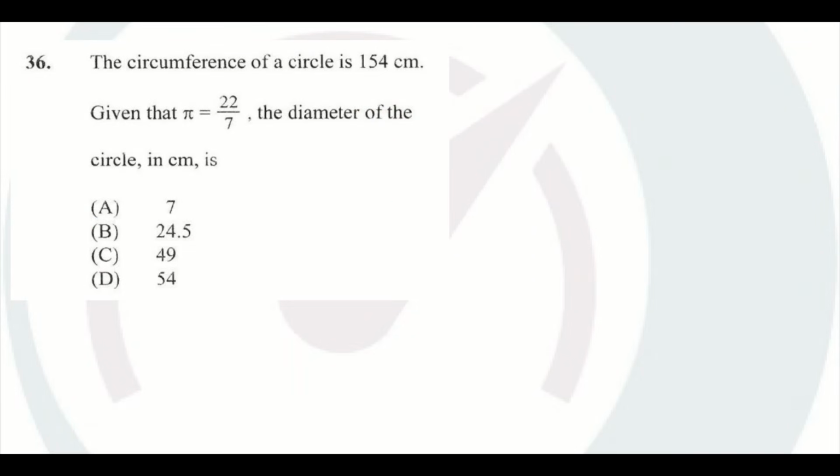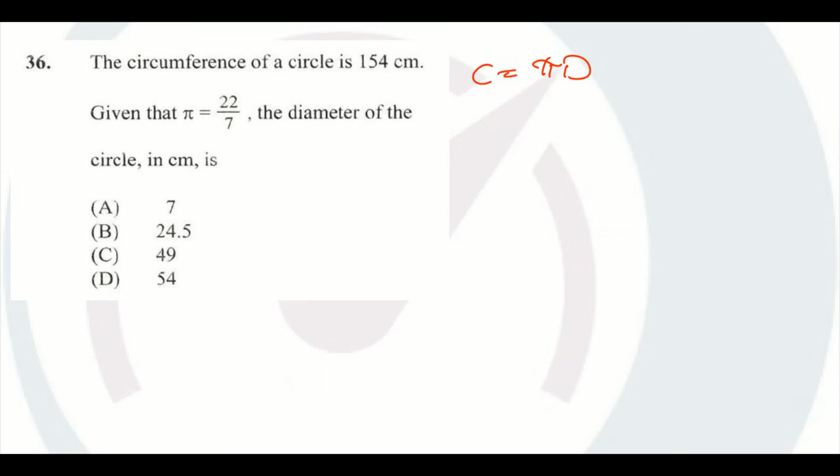The circumference of a circle is 154 centimeters. I think this question is also a repeat question. Given that pi is 22/7, the diameter of the circle in centimeters is, now the relationship between the circumference and the diameter is C equals pi d.